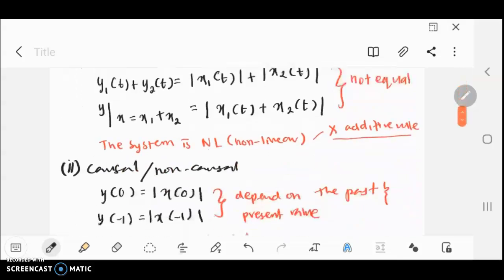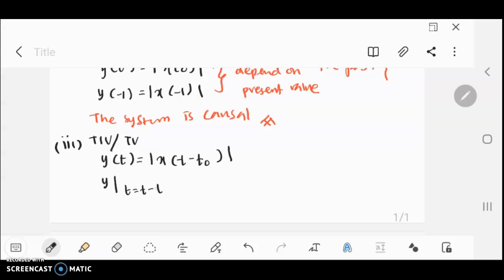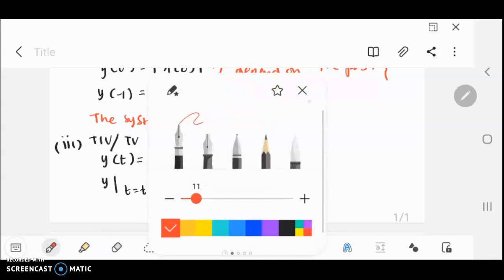Now for the third one, we have to determine time variant or time invariant. So we do it like this. y(t) equal to x(t minus t0). We put the delay first in the input, then in the system, and both of them we got the same.